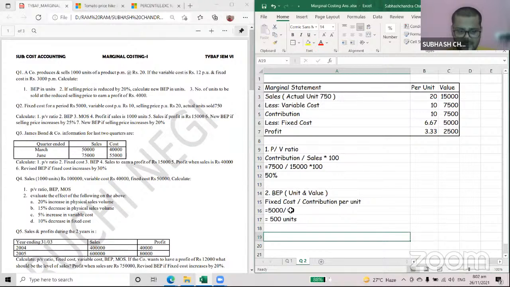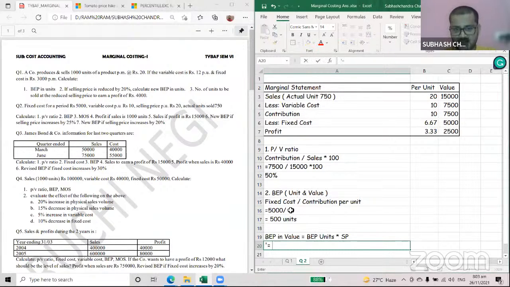And just below that, tell me BEP in value. BEP in value is what? That is equal to BEP units multiplied by selling price. So you have BEP in units 500 multiplied by the selling price given, 20.